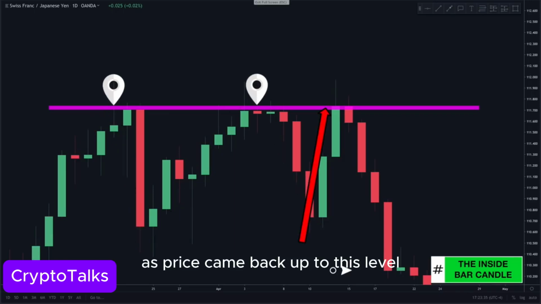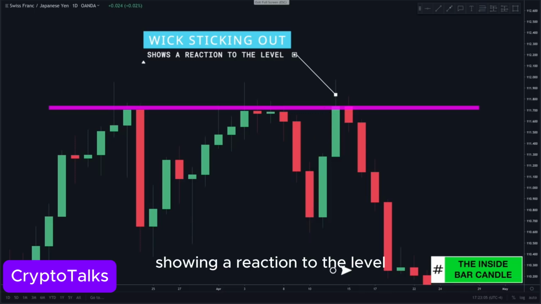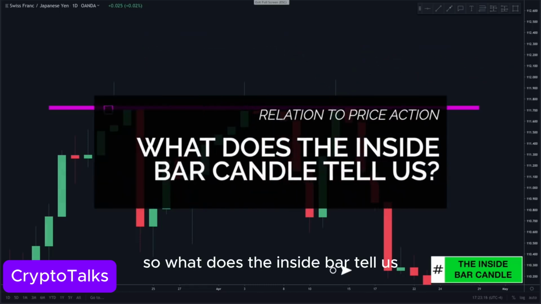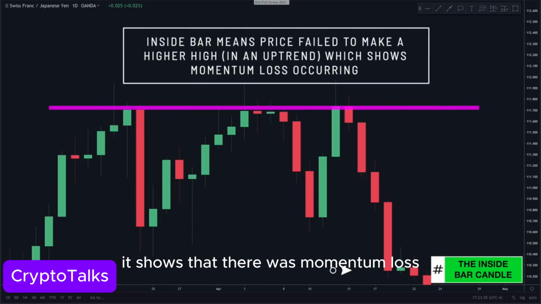As price came back up to this level, we had a candle where the wick is sticking out, showing a reaction to the level, followed by this inside bar. Notice how this candle is smaller, and within the high and lows of the previous candle. So what does the inside bar tell us? It shows that there was momentum loss, because price failed to make a higher high.